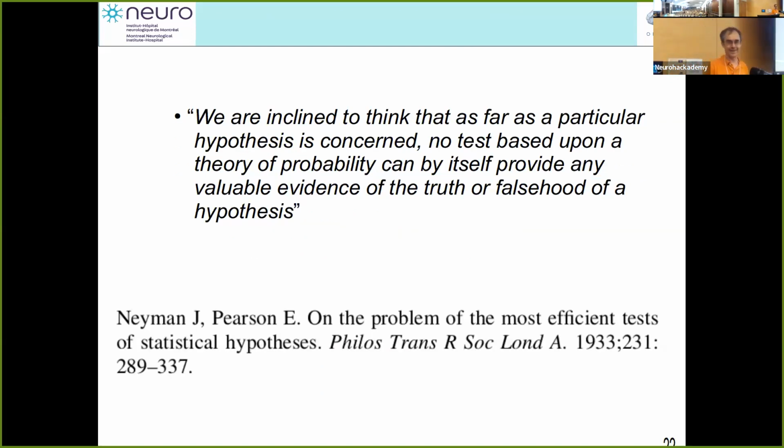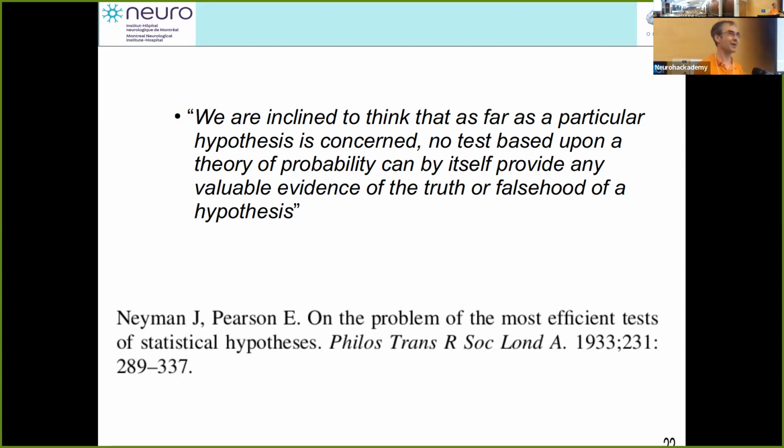I just want to quote Neyman and Pearson themselves, who were the ones that put the p-value in an appropriate and solid statistical framework. They say: we are inclined to think that as far as a particular hypothesis is concerned, no test based upon the theory of probability can by itself provide any valuable evidence of the truth or falsehood of a hypothesis.